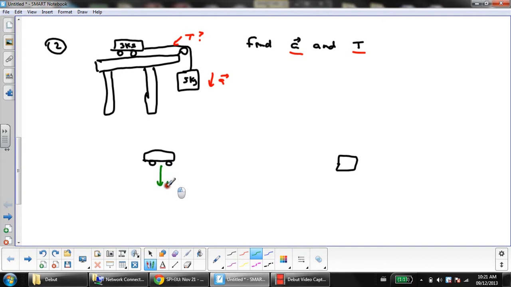Gravity pulls him down, and the normal force pushes him up, and those are equal and opposite because it's not flying off the table and it's not going into the table. We'll say there's no friction, so the only thing pulling it this way is the tension in that rope. Now, for this block, gravity is pulling it down, tension is pulling it back up.